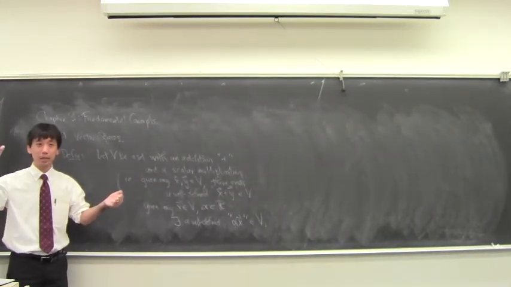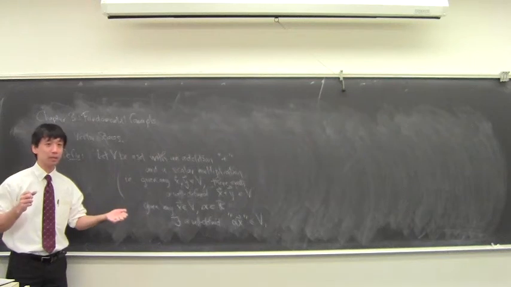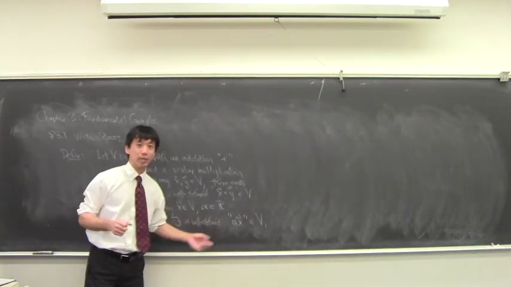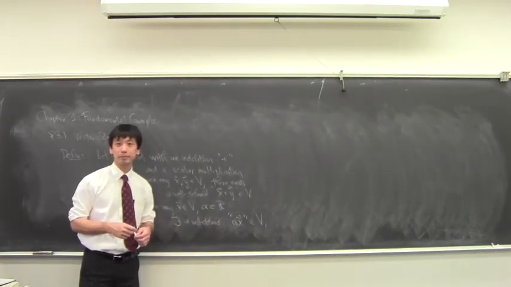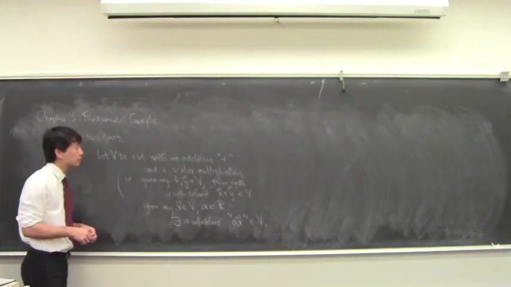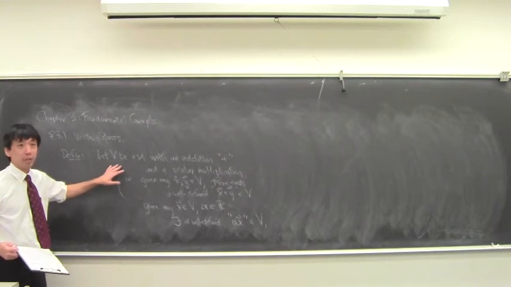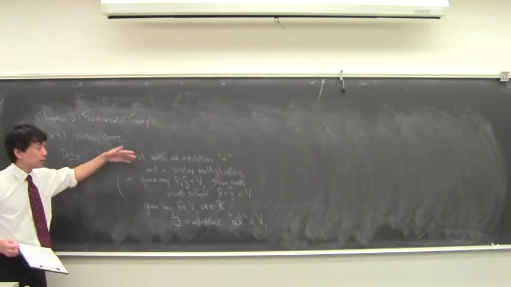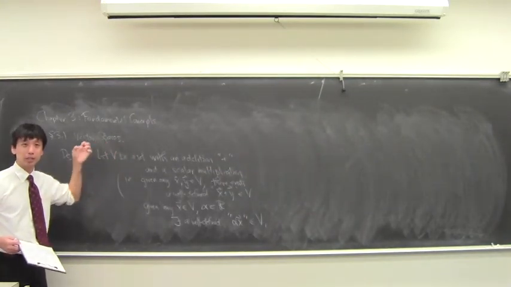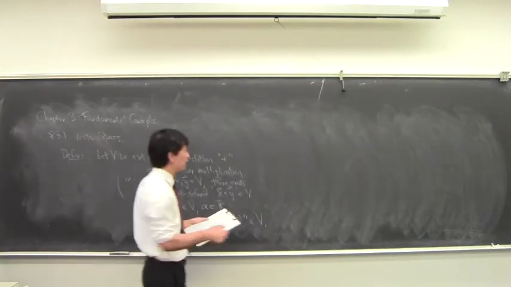Given any one guy and a number, there's a way of creating a scaling of that guy. So you have some space, and this space has some notion of addition and some notion of scalar multiplication.